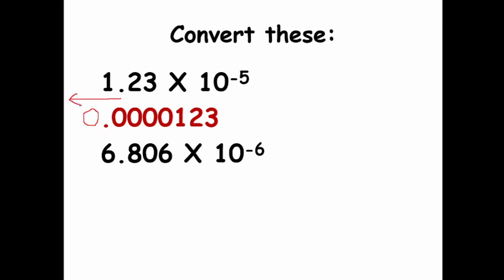Okay, dito nag-move. Okay, bilangin tayo. So, nandito originally yung decimal point and then nag-move siya ng 5 beses. So, 1, 2, 3, 4, 5. So, nandito na ngayon yung decimal point.